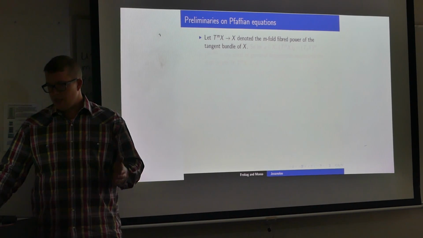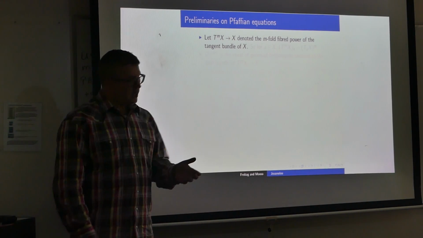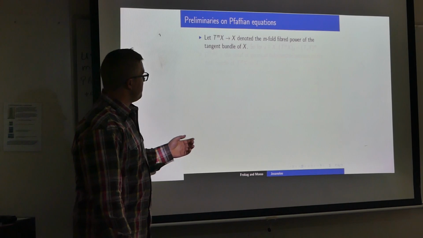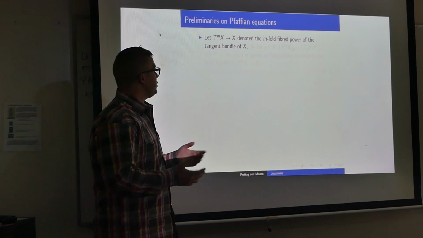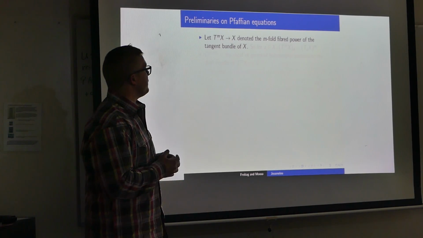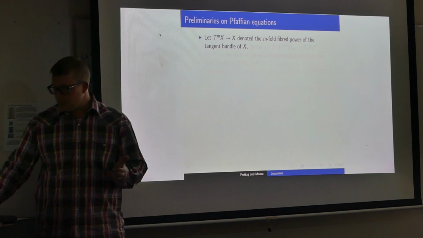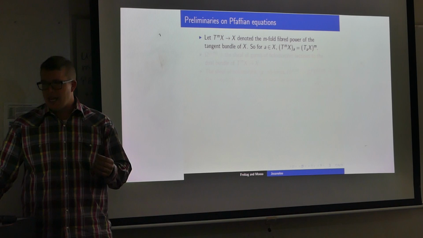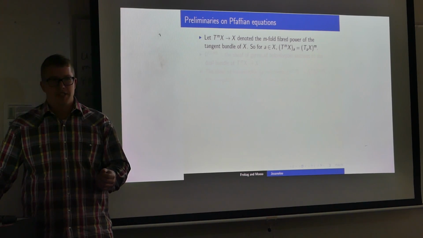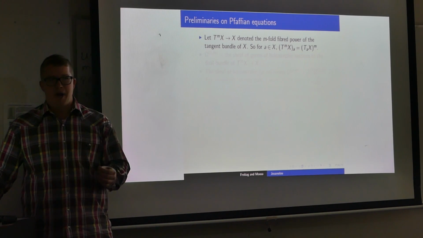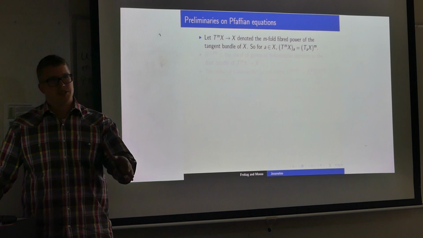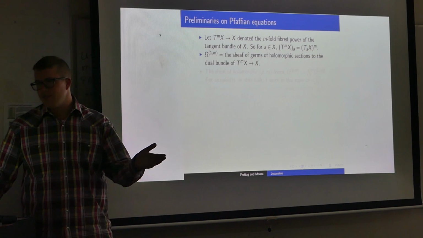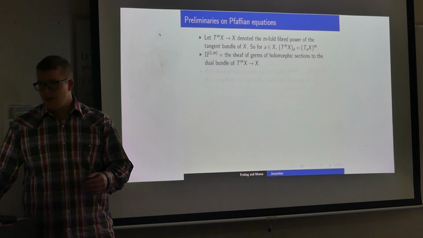So I want to take the nth power of the tangent bundle. You can think about it that way. I don't want to concentrate on the formalism here, but at any given point A in X, this is just the nth power of the tangent bundle, and then it's glued together in the expected way.